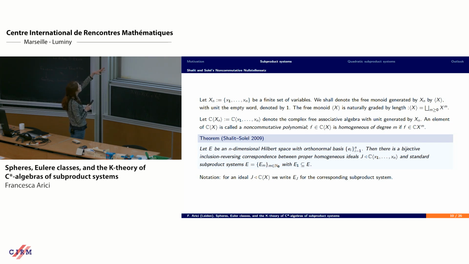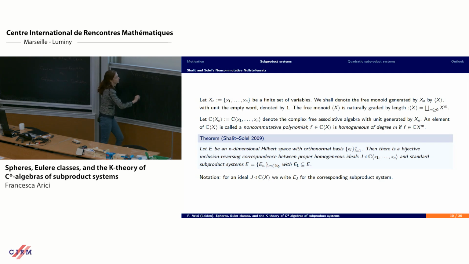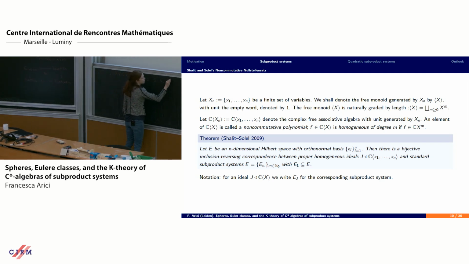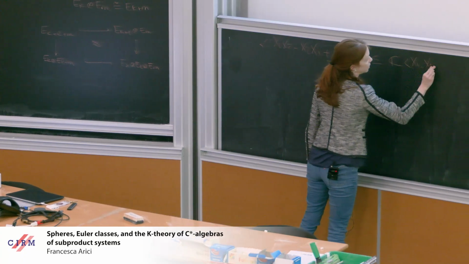Okay, and then this is the theorem. If you have an n-dimensional Hilbert space E with orthonormal basis, then you have a bijective inclusion reversing correspondence. That's what you want in a Nullstellensatz between the proper homogeneous ideals in the free algebra and standard subproduct systems with E1 containing E. Actually, then you can also restrict to E1 equal to E. So just to give you an idea of how this works, take the ideal that this polynomial generates inside C of x1, x2, x3.